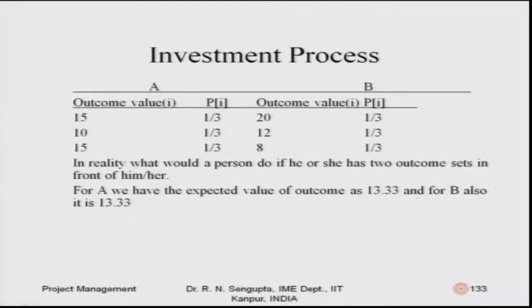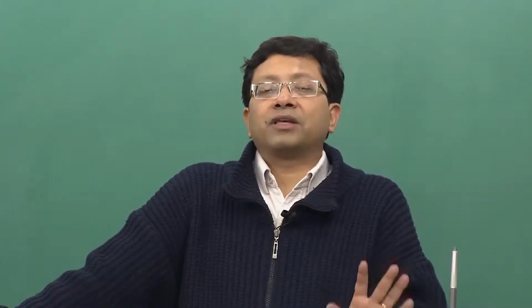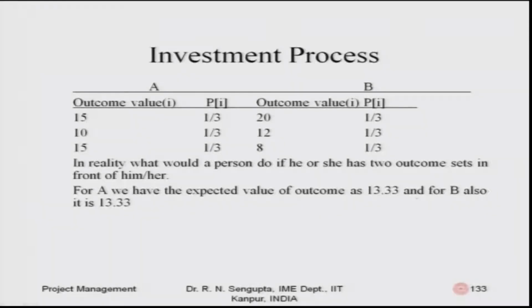If I consider the outcome values as 15, 10 and 15 for machine A and 20, 12 and 8 for machine B, it technically means the values of the output, the so called utility of the output, for machine A is 15 with a probability of 1 by 3. Similarly for machine A, for the second value, I am seeing what is coming out, not what is going in.